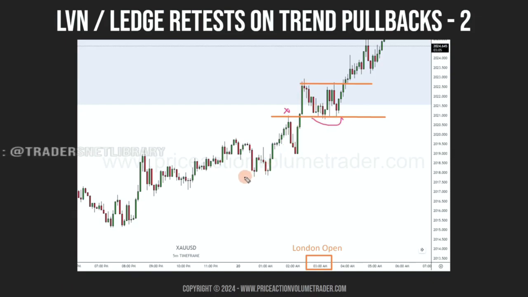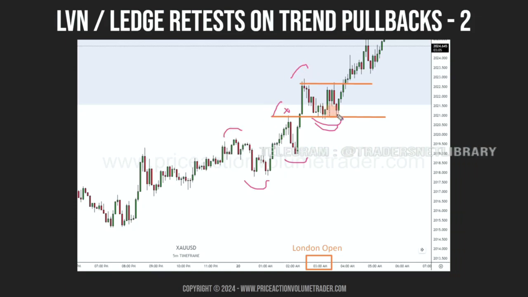We shifted market structure. We're making higher highs, higher lows. And then we can see here how we're accepting into the valley area, and then we have our breakout from that resistance and continuation.